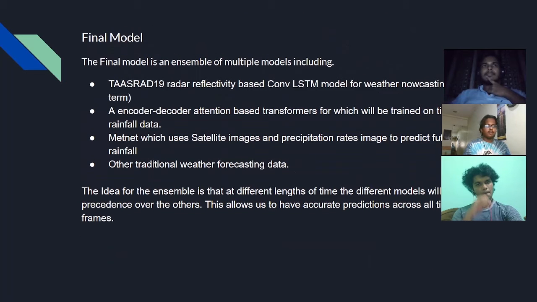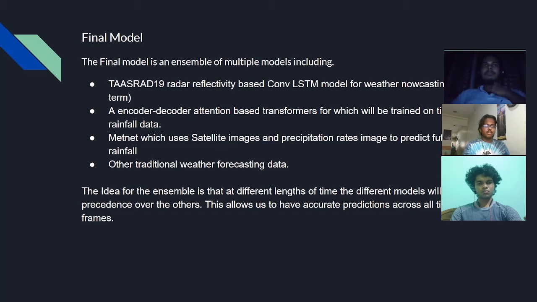For our final model, we will be using an ensemble of multiple models, which includes our self-trained TASRAD 9 radar reflectivity-based conv LSTM model, which will be used for the short-term nowcasting, which is more relevant to what we are trying to achieve for our specific purpose.